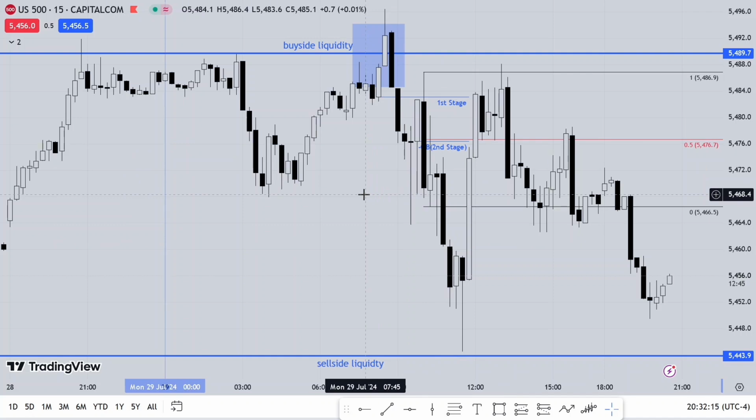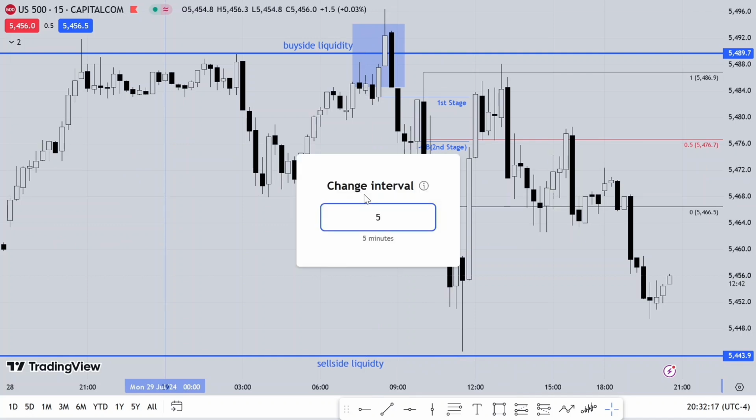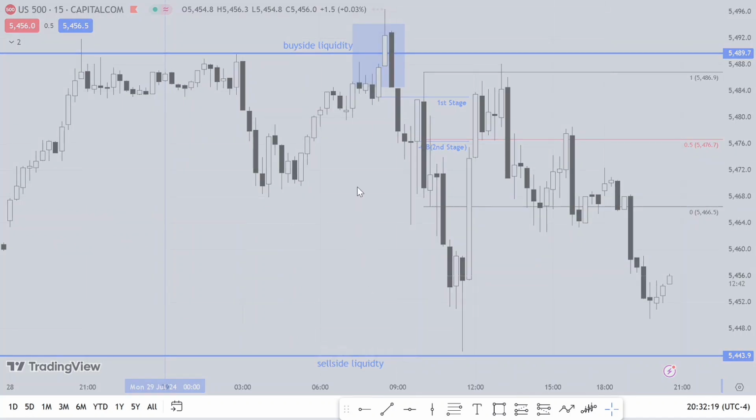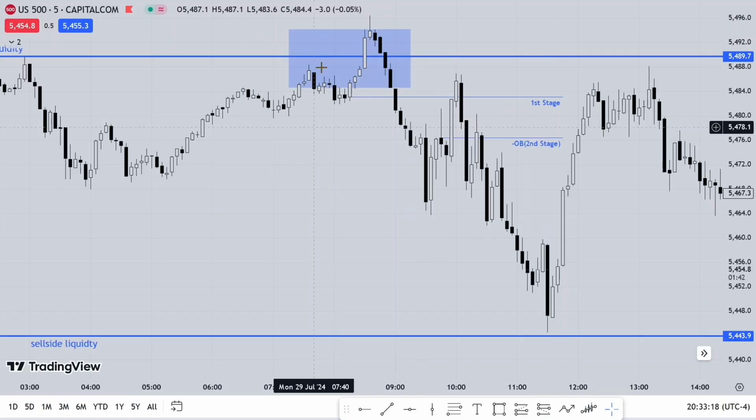So to have a clear view of this and a precision entry, we drop down to a 5-minute time frame. This right here is the 5-minute time frame to get a precision entry for an intraday trading model.